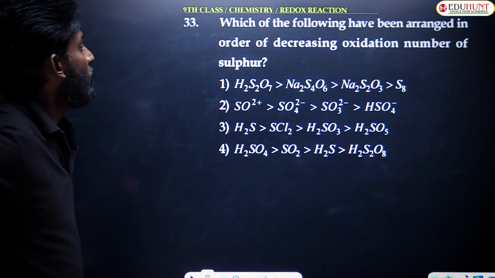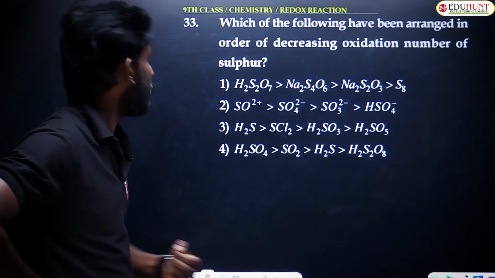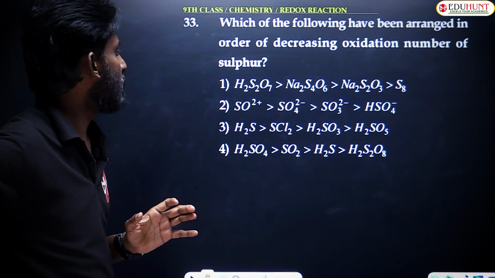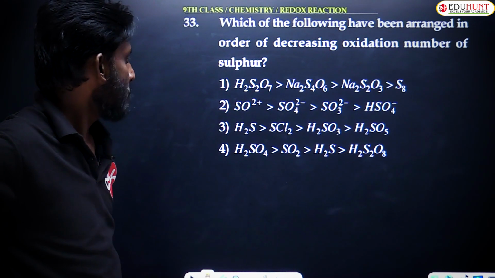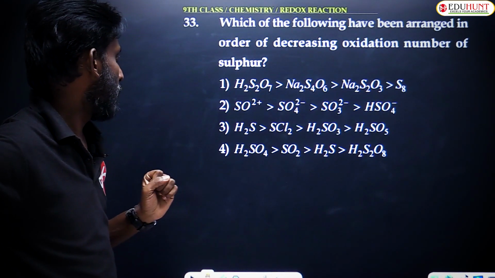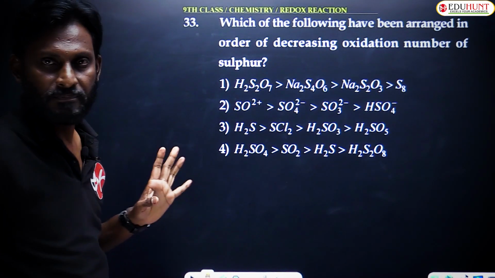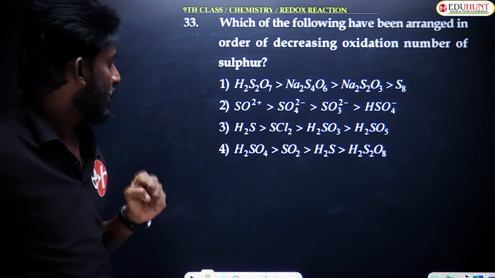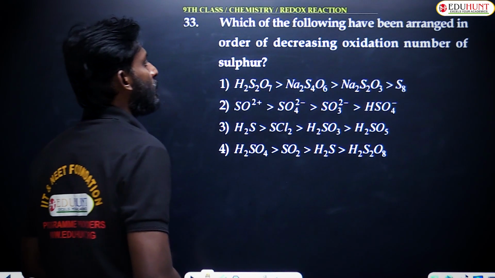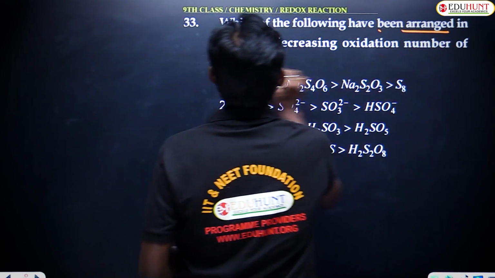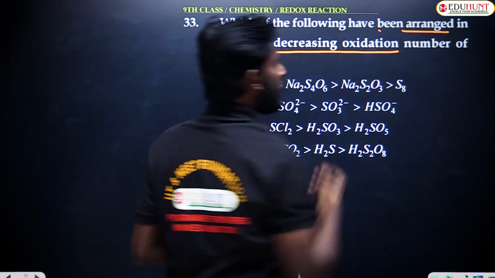Yes. Which of the following have been arranged in the order of decreasing oxidation number of sulfur? See, we have given 4 options. In all the options, there are 4 compounds, and in every compound, sulfur is the central atom. And we've been asked to find out, arrange in the order of decreasing oxidation number.